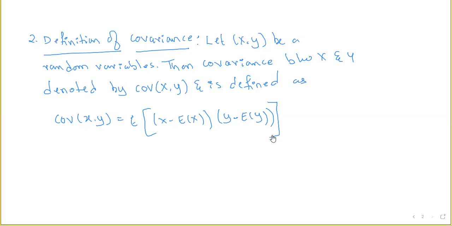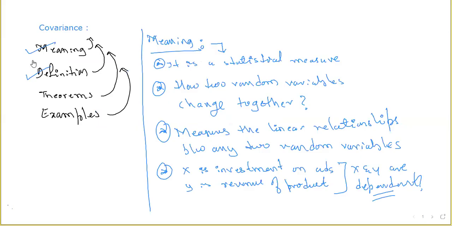Covariance is given by this formula: the expected value of (X minus E[X]) multiplied by (Y minus E[Y]). So this is the definition of covariance. Clear? So now we have completed the meaning and definition. Now we go for some theorems.